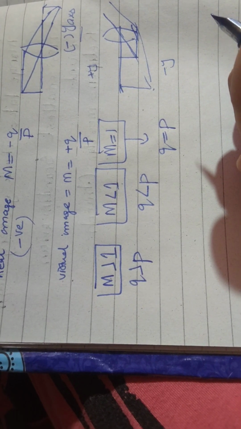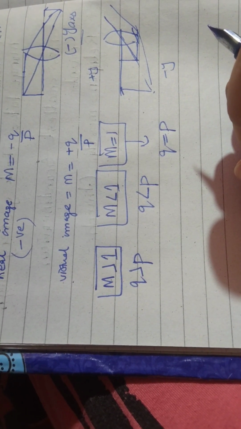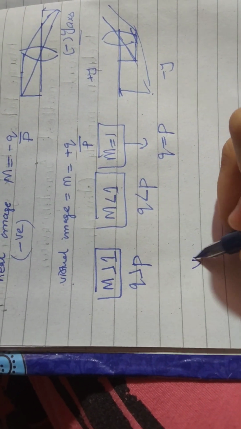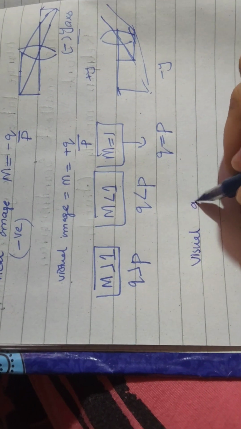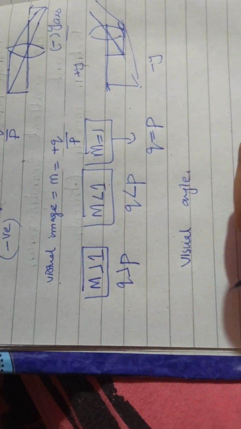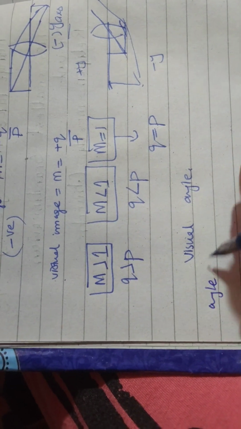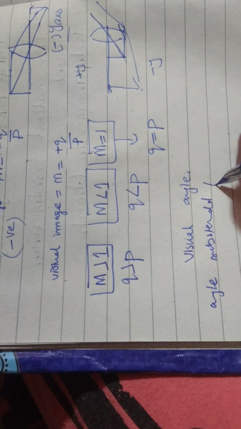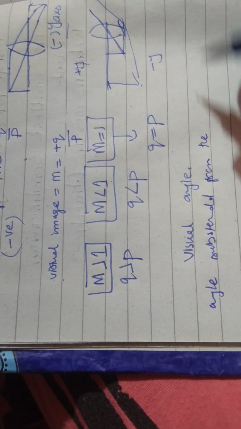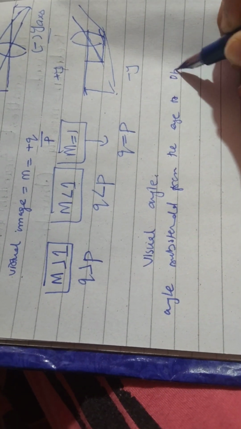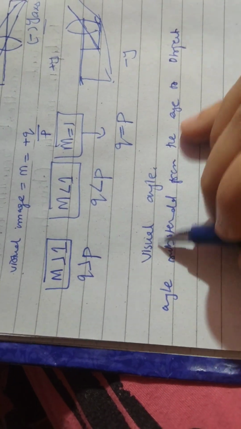Now we will discuss the magnification, basically the visual angle. What is basically the visual angle? Basically, the angle subtended from the eye to the object is known as the visual angle.